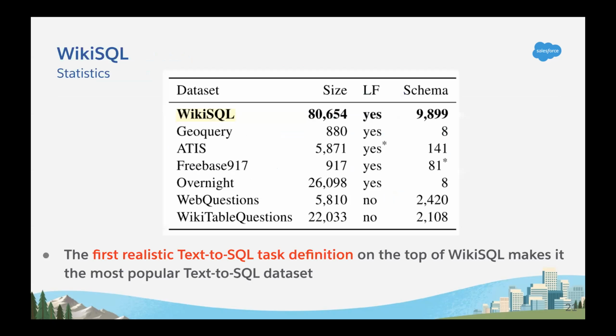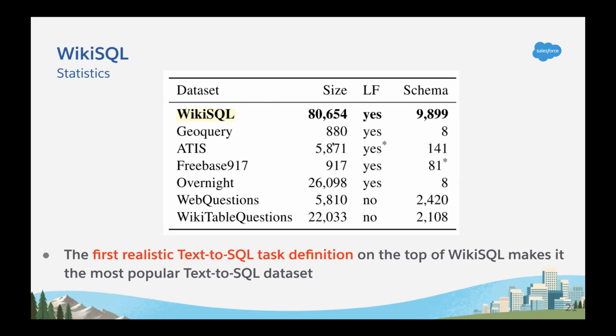This dataset has almost 10,000 schemas, so 10,000 tables, which is much larger than the traditional datasets. The number of natural queries is also much larger than in traditional ones.